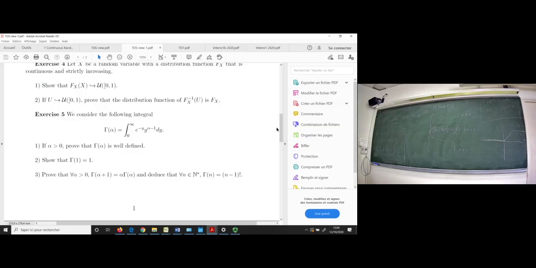And in practice, it is this kind of result that we use. So what is the idea here? I will do the little computation to prove that this one has the same distribution as capital X, because F_X^{-1} of U has a distribution function that is none other than F_X.